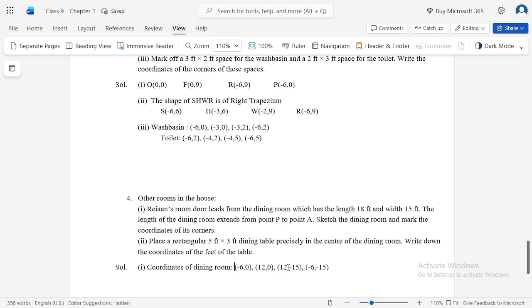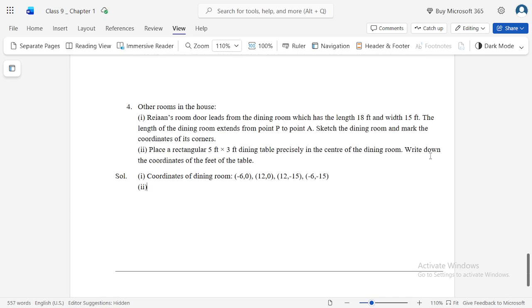Okay, last part, what it says: place a rectangular 5 by 3 dining table precisely in the center of the dining room. Write down the coordinates of the feet of the table. Listen to this carefully. The dining table is 5 by 3, and the dining room length and width was 18 by 15, right?